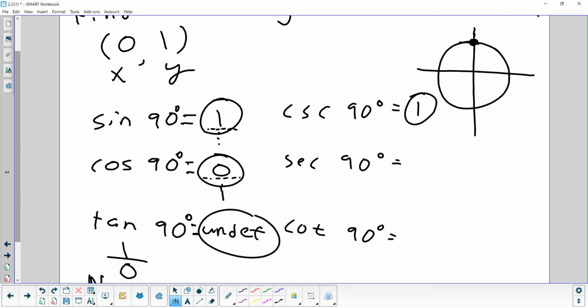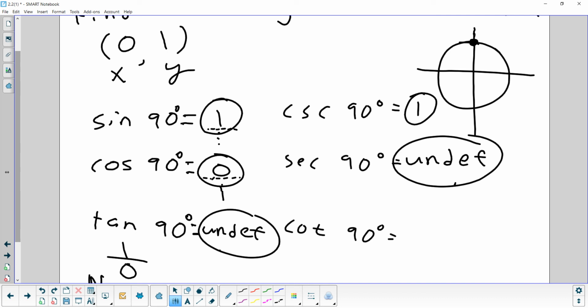Mateo, how about if I flip 0 over 1? What does that turn into? Would that be undefined? That would be undefined. Very good. When you flip 0 over 1, it becomes 1 over 0. We just said that's undefined. So when you flip 0, you get undefined. When you flip undefined, what do you get?